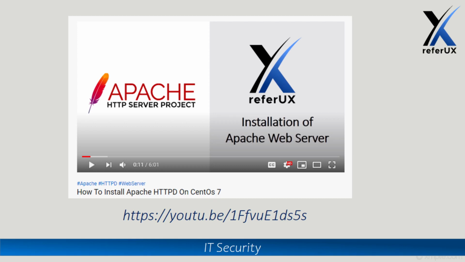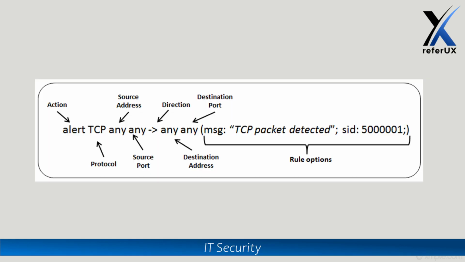I have a separate video for that, so please watch the video and install the Apache server before proceeding further. Cool. Then we will see what is the format of a Snort rule.